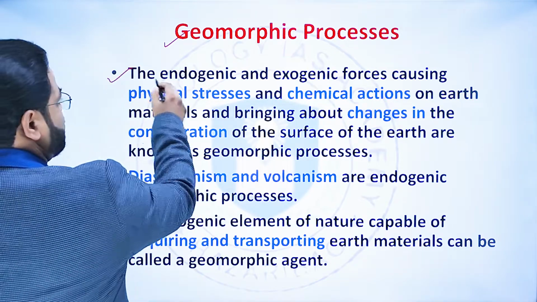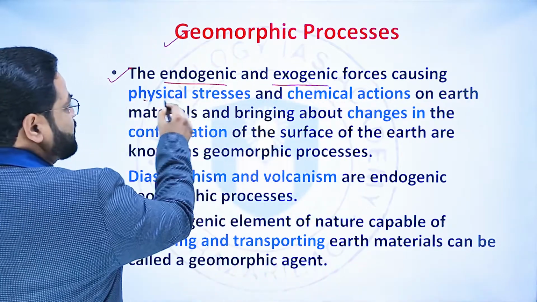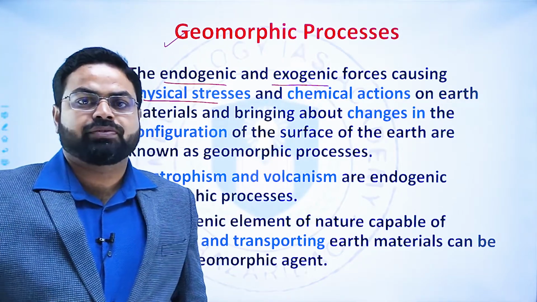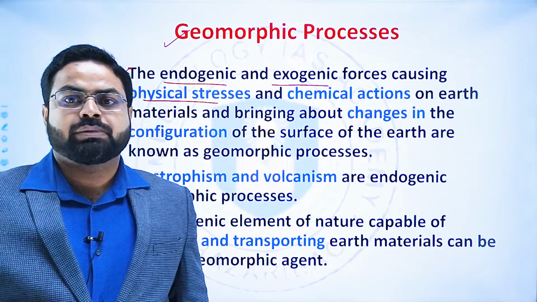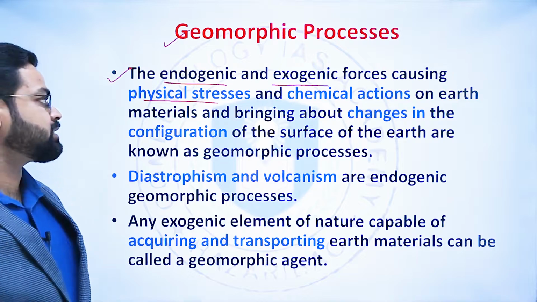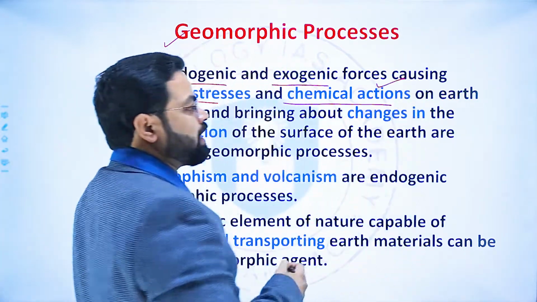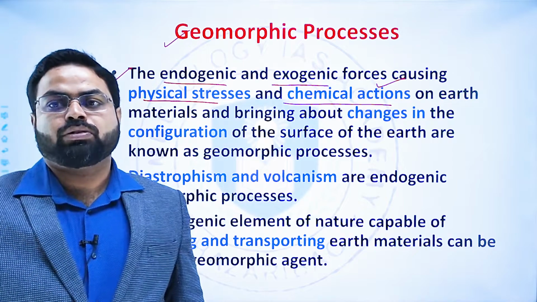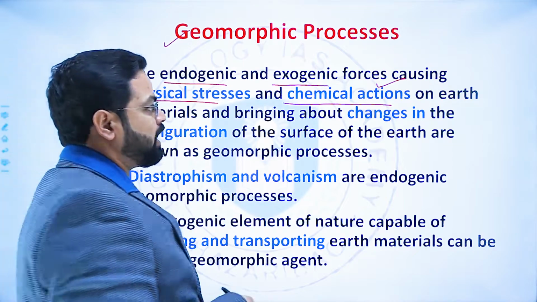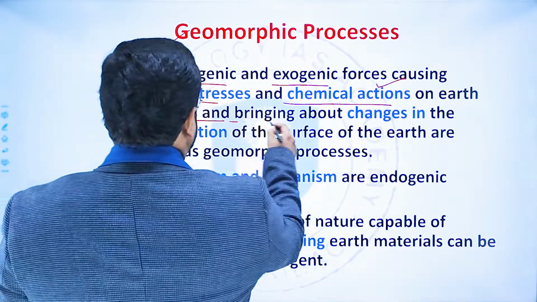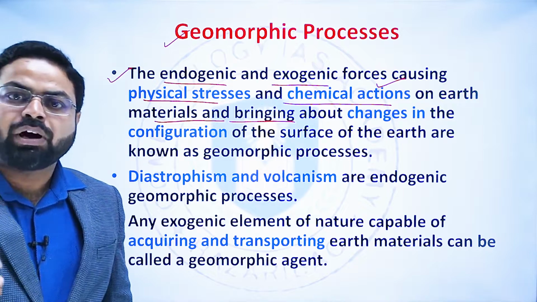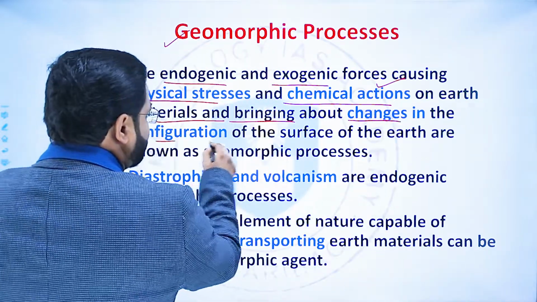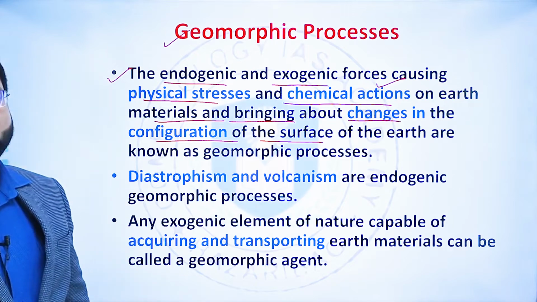The endogenic and exogenic forces applied on the surface of the earth cause physical stress on the earth material, due to which it gets weathered, degraded, etc. They also apply chemical action, due to temperature, climatic condition, humidity, etc. The chemical action also occurs on the surface material of the earth, and because of this, changes are brought about in the earth material, and due to these changes the configuration of the surface of the earth is also changed.